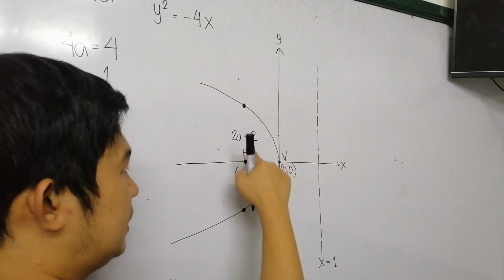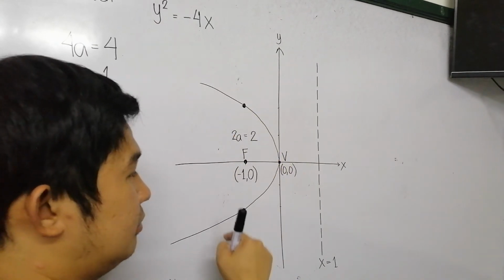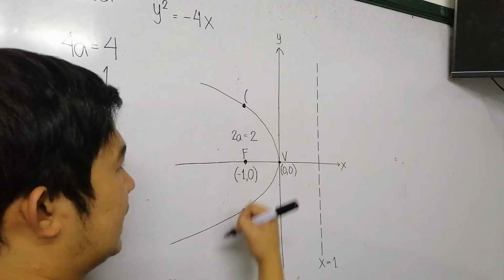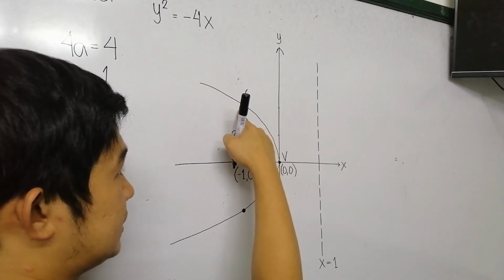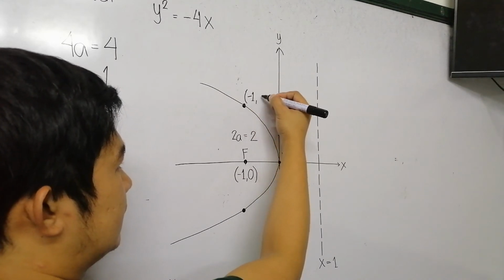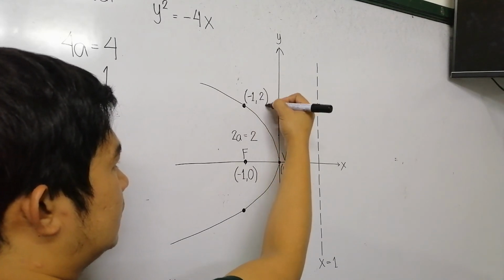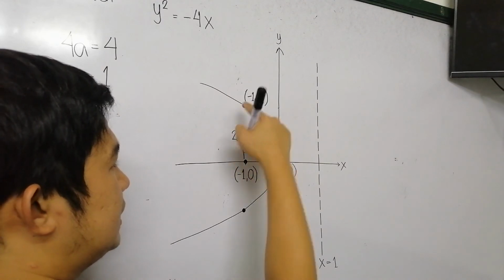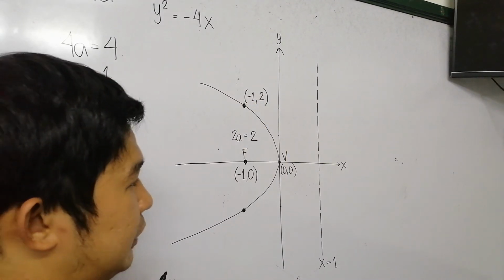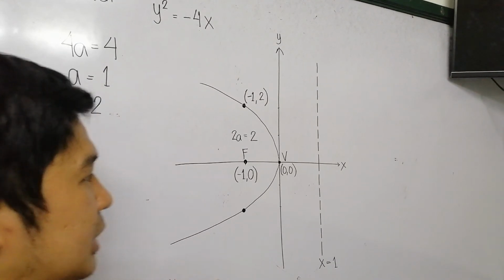So positive 2 because we're going to move upward vertically. So the coordinates of our endpoint of the latus rectum, this one, is -1, 2. The -1 didn't change because the movement is only vertical, no horizontal movement.